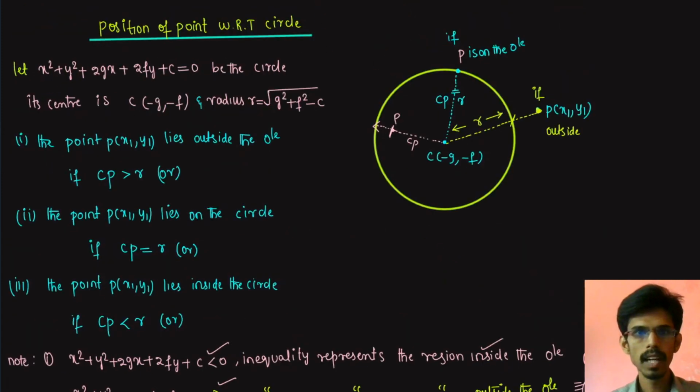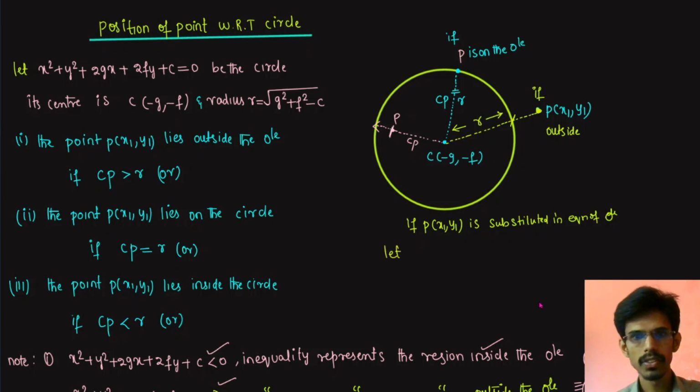Now let us denote, if the point P(x1, y1) is substituted in the equation of the circle.